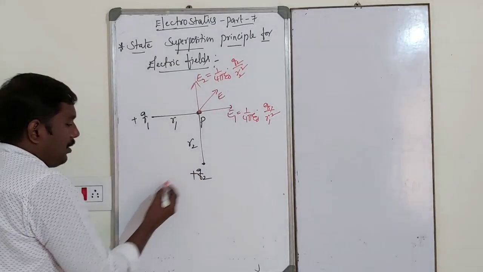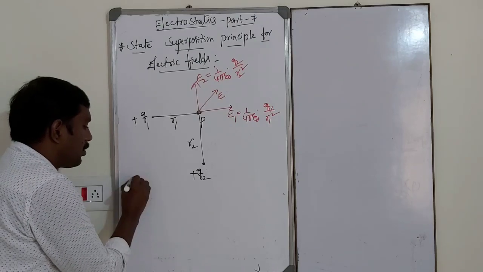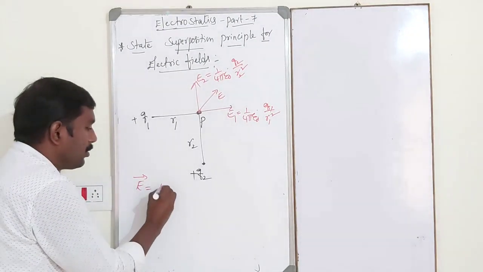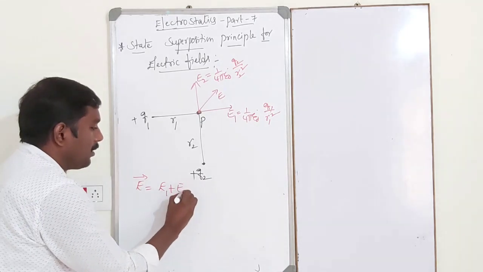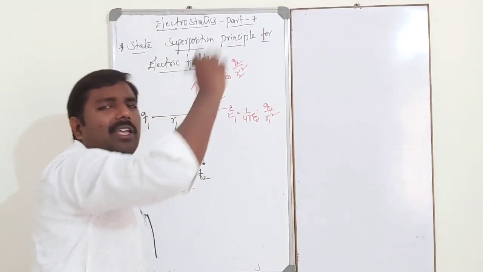Dear students, total electric field, vector E, is equal to E1 plus E2 plus E3 plus E4 plus and so on, En.